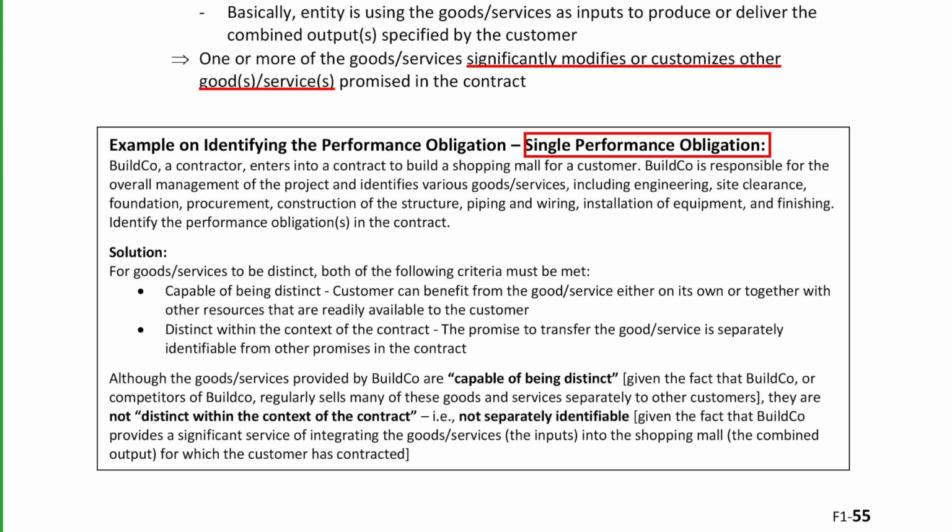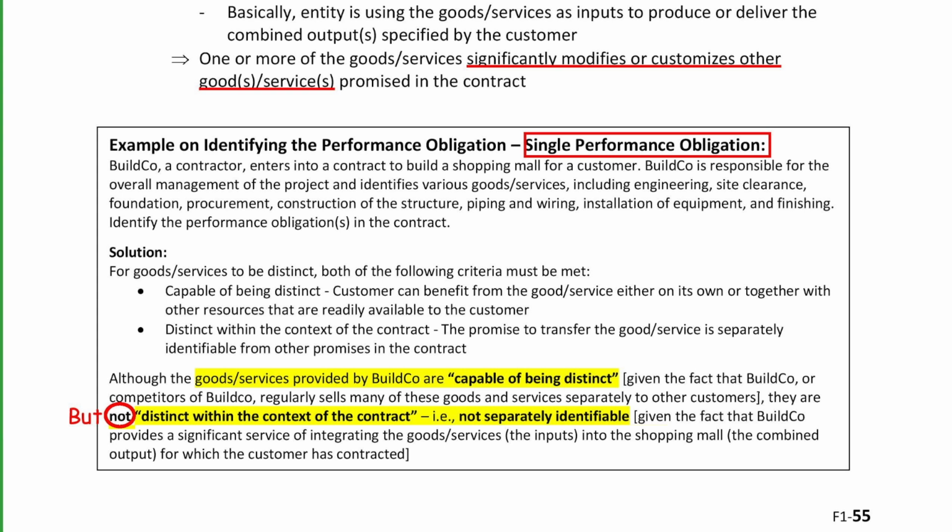And we know for goods or services to be distinct, they should be number 1, capable of being distinct, and number 2, distinct within the context of the contract. In this case, highlight, goods or services provided by Buildco are capable of being distinct. Right? But, circle not, highlight, distinct within the context of the contract.